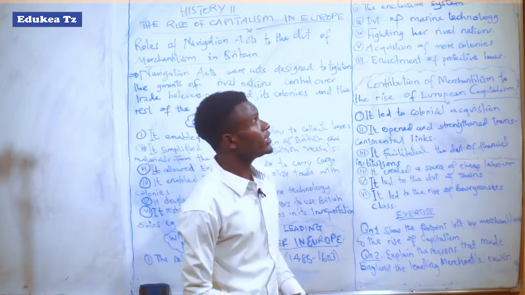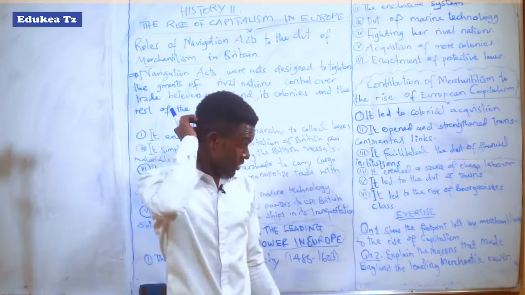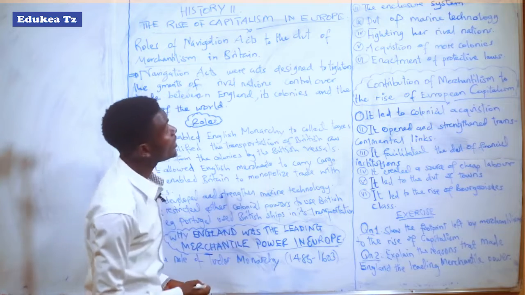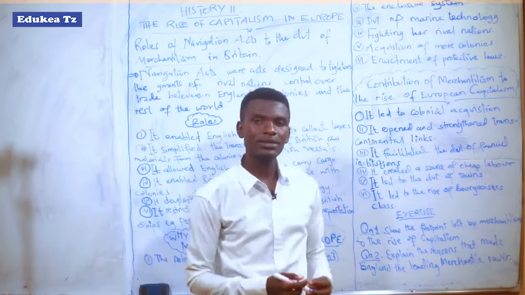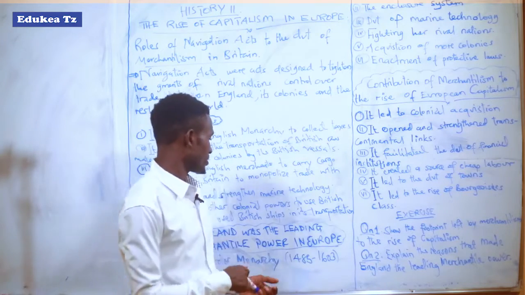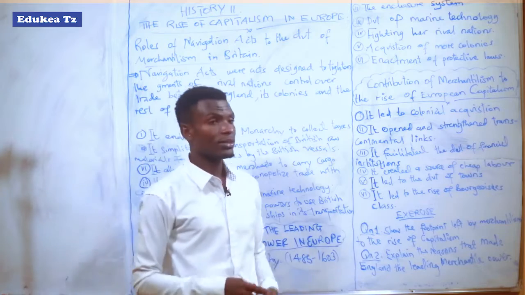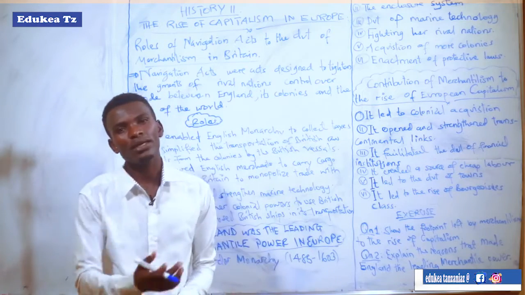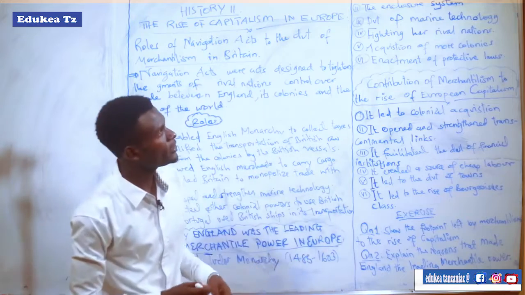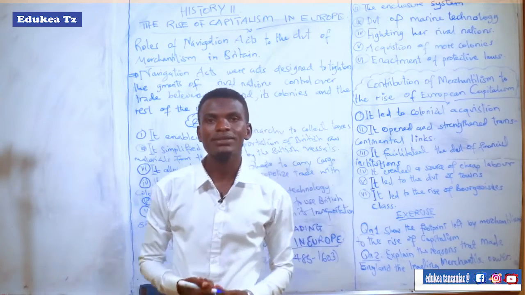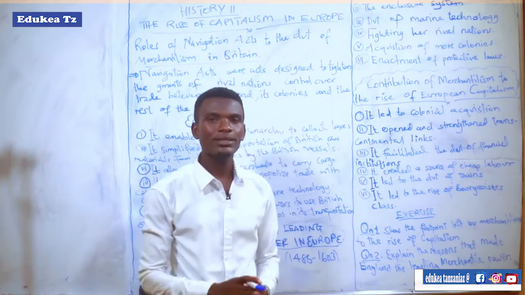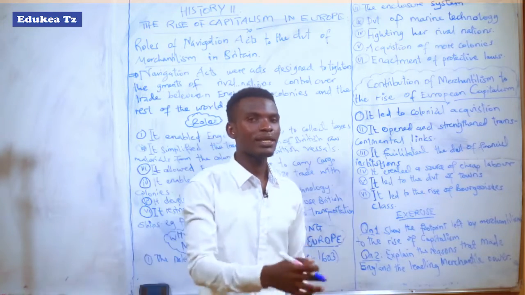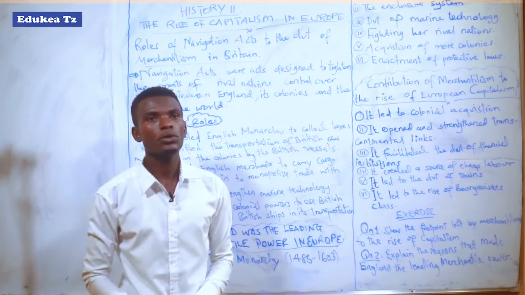As we know that England, specifically, the Enclosure System was the law which made England the leading mercantile power in Europe, in the sense that land which was owned by the landlords, peasants, tenants, and others was enclosed to become a large tract of land owned by the merchants to establish various economic activities like the agricultural sector and industrial activities.